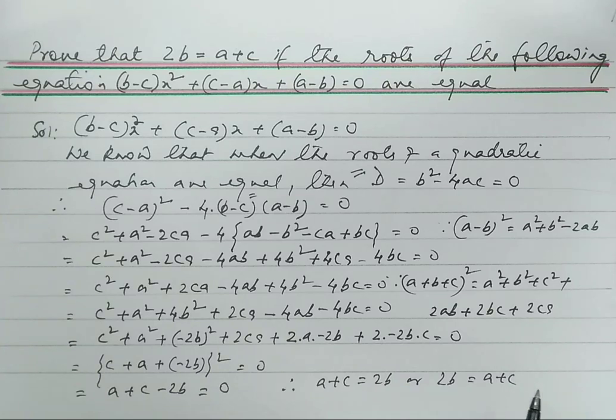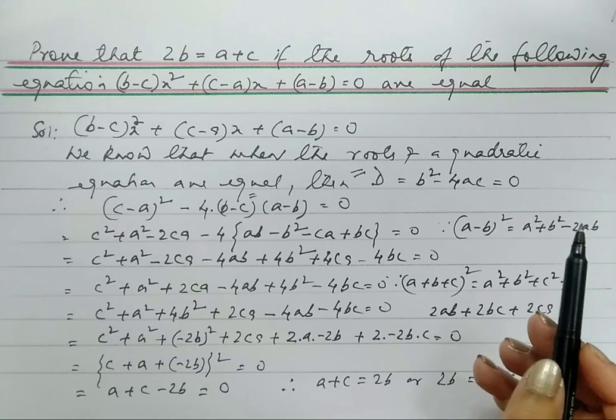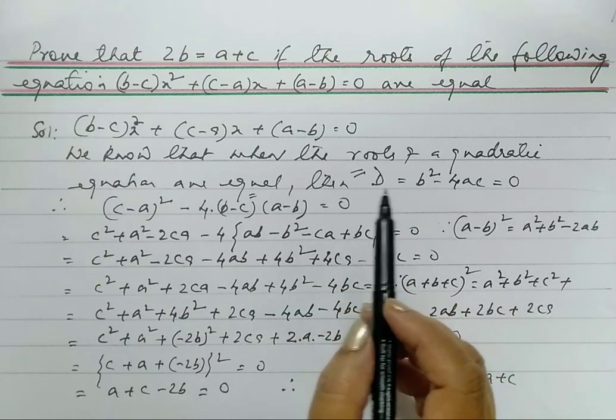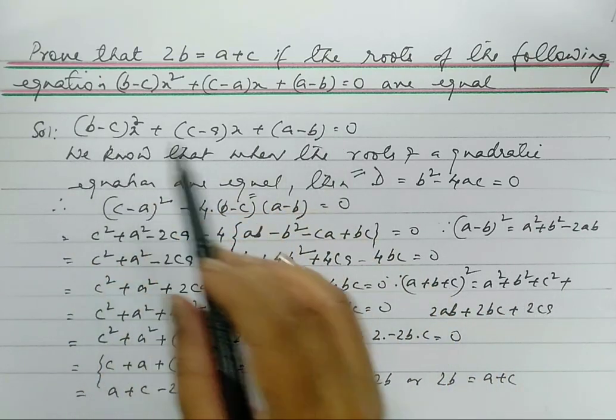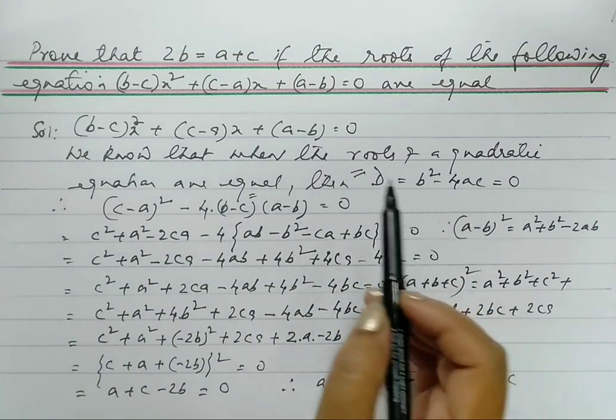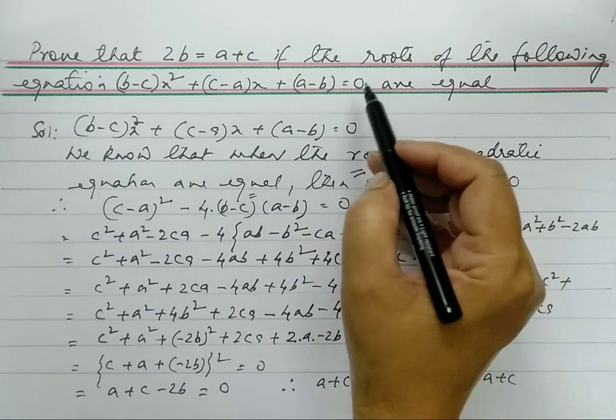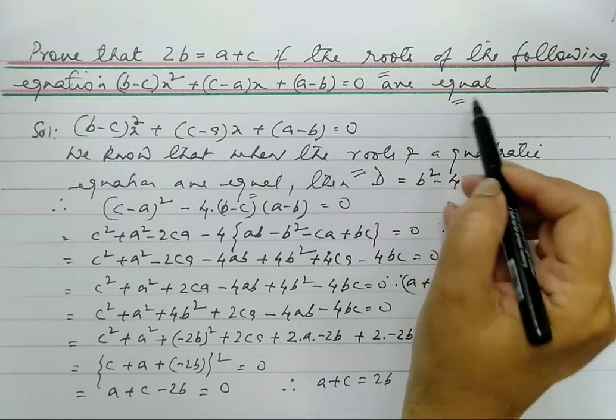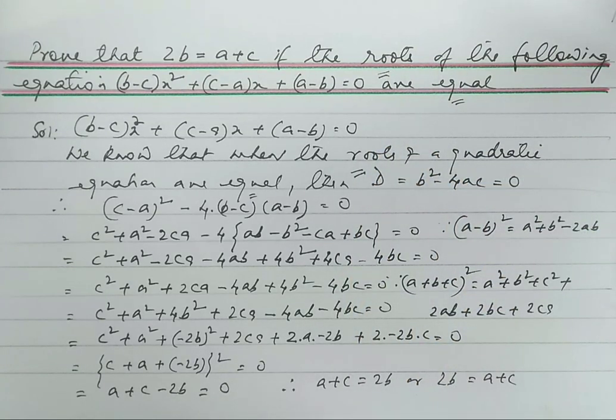Alright guys, so I hope you have understood this well. You don't have to hurry. You can go back and watch the video, pause it, and try and understand every step of it. But if I were to go through it once again to reinforce, I would say that from this I pick out d equals to 0 because they have said my roots are equal to each other.